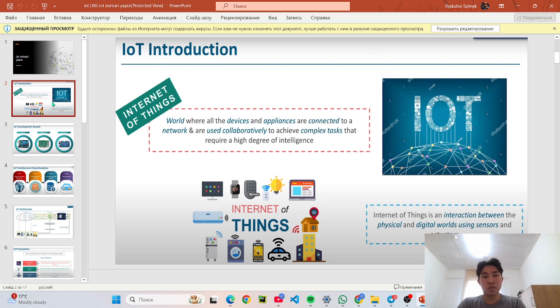We use data transmission over the network layer. The network is responsible for transmitting data to processing systems.